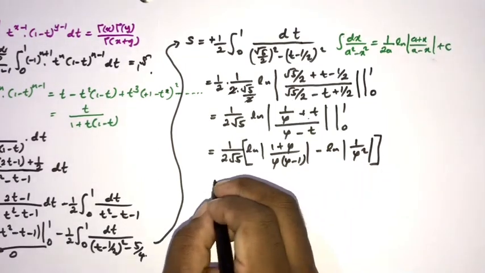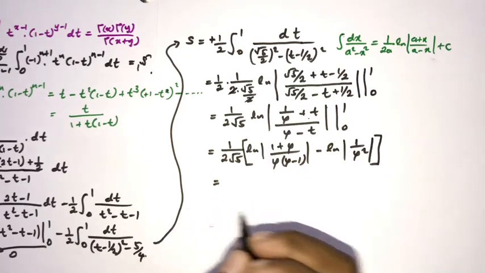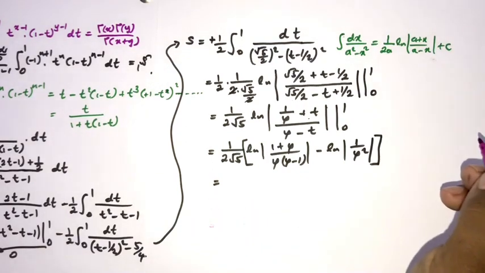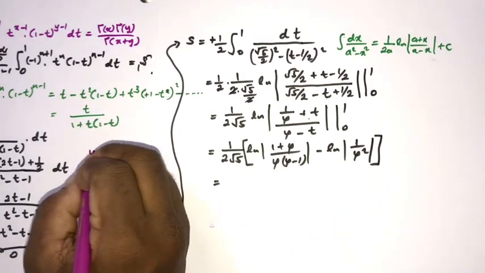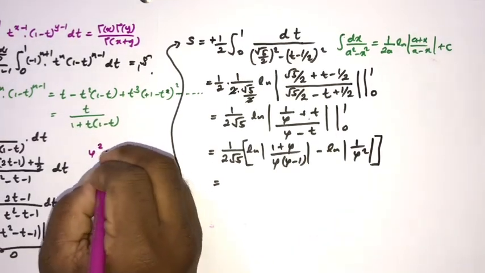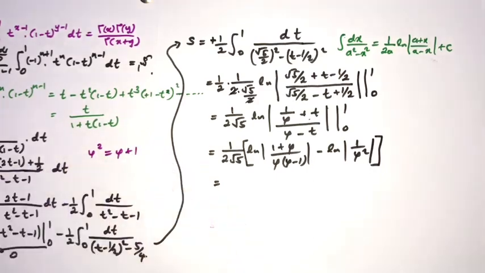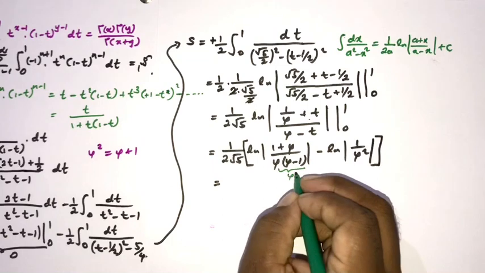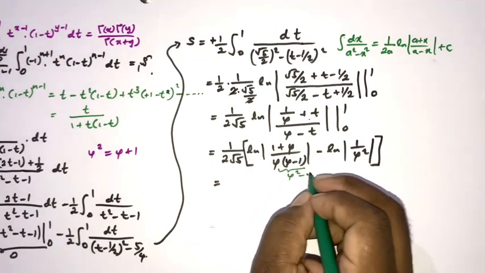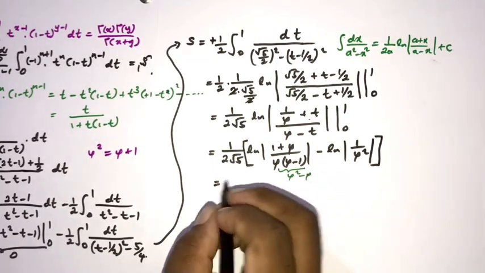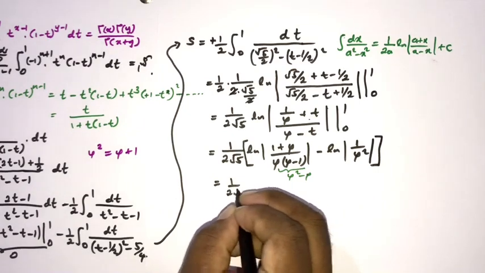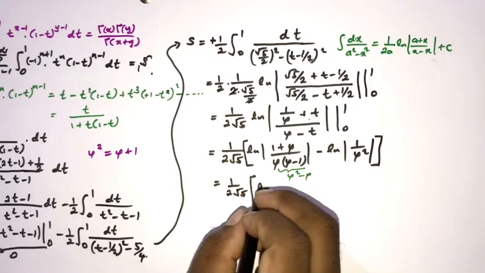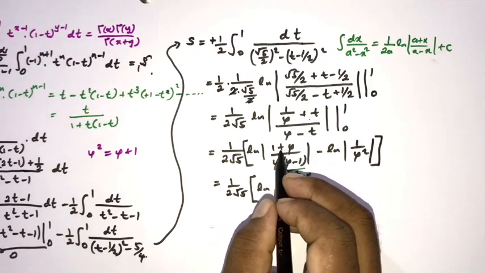Okay, then we can simplify. We know this property of the golden ratio, phi squared is equal to phi plus 1. Now here we have phi squared minus phi, so we can write now here 1 over 2 times square root of 5 natural log of, now here 1 plus phi.